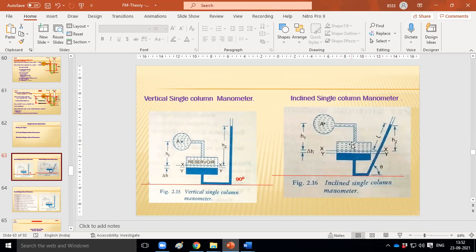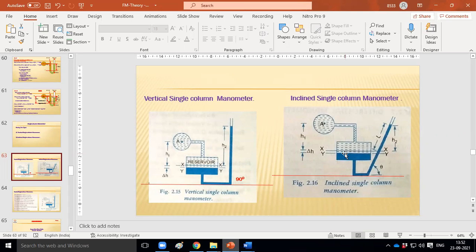Now pressure is applied in the pipeline. Then what happens in the reservoir? The mercury level goes down, and at the same time the mercury level goes up in the right limb.